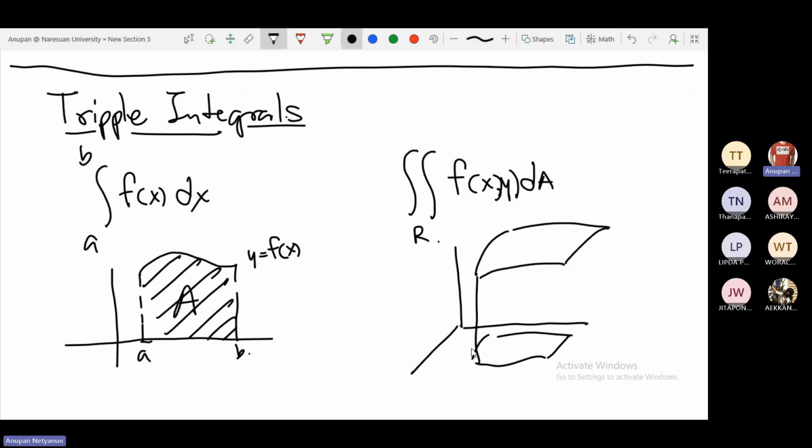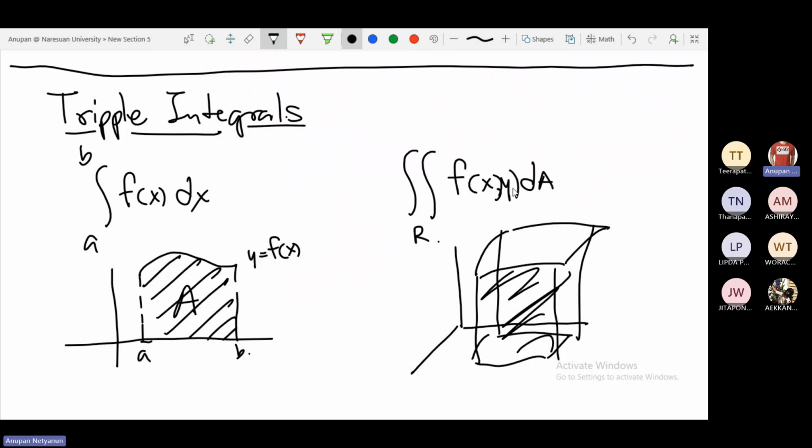And the outcome is going to be the solid object under the surface. You can see that in this outcome, you get an area, which is in 2 dimensions.